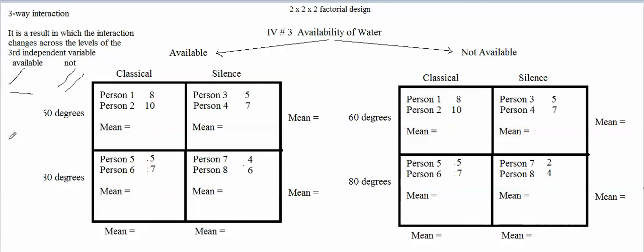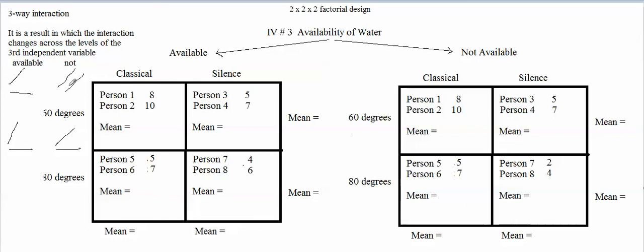But if you have something like this, where the available condition over here has an interaction, and this condition over here also has the same interaction, like this, that's no three-way interaction, because the interaction is not changing across the levels of the third independent variable.